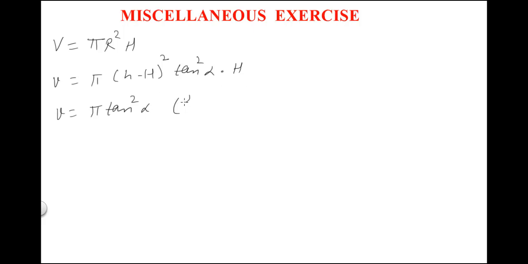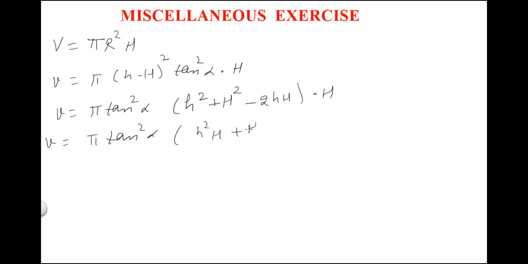Now if we solve it, we get h square plus capital H square minus 2h into capital H, all multiplied by H. We can multiply this inside so that we don't have to use the product rule, and directly simplify it. So we get h square H plus H cube minus 2h H square. Clear? Differentiating with respect to capital H, because small h is the cone dimension, which is the height, and the volume is of the cylinder, which depends on capital H, right?